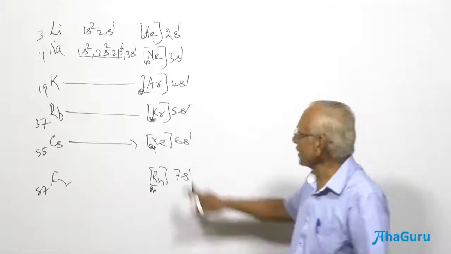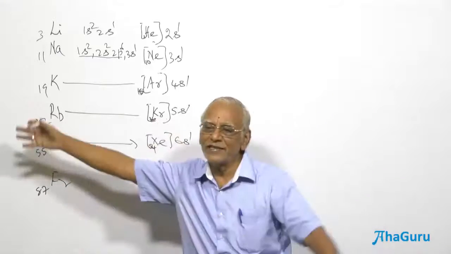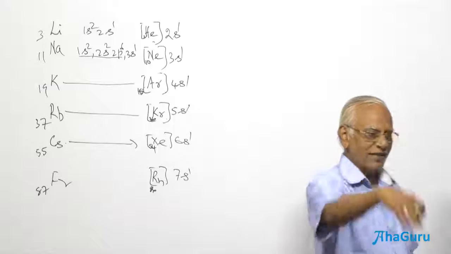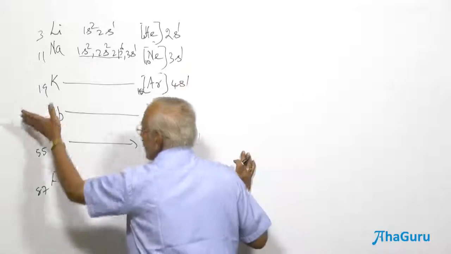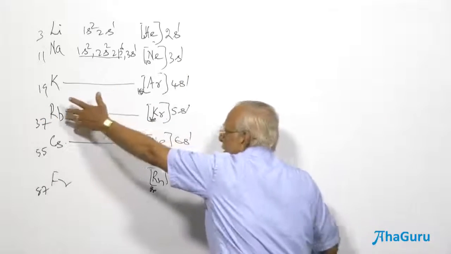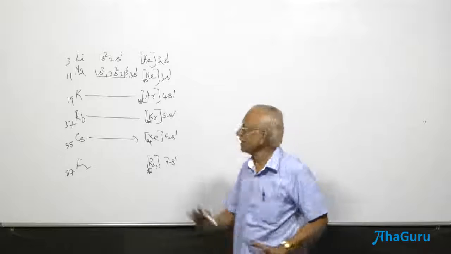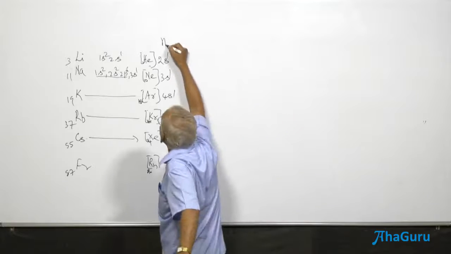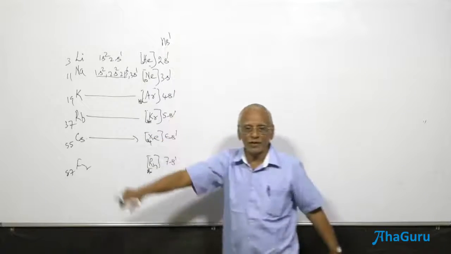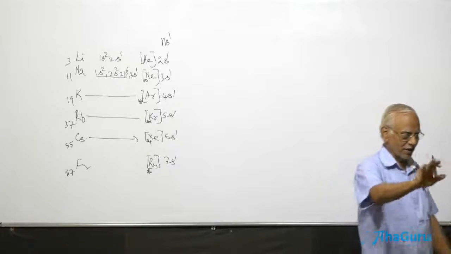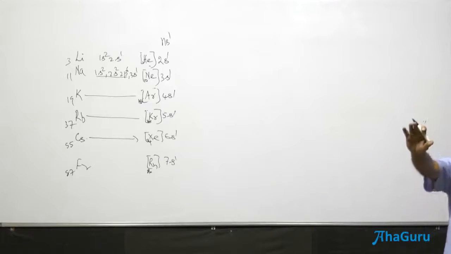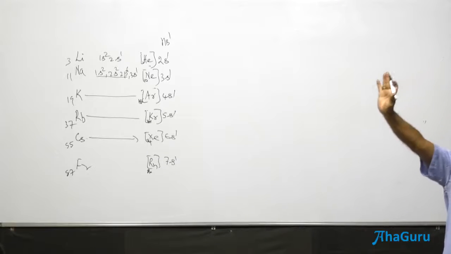Similarly, 36 plus 1, 37. How are we going to account for 37 electrons? Instead of writing individually, you can write krypton nucleus and 5s1. That is why the general electronic configuration is taken as ns1. The general electronic configuration represents the electrons present in the last shell.